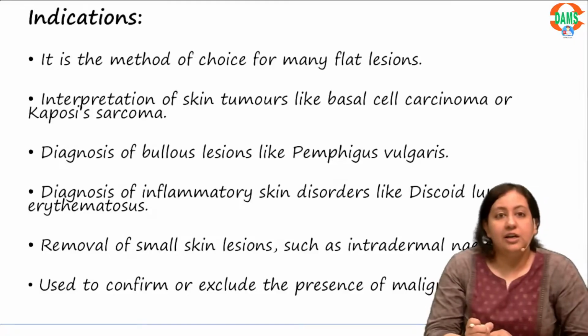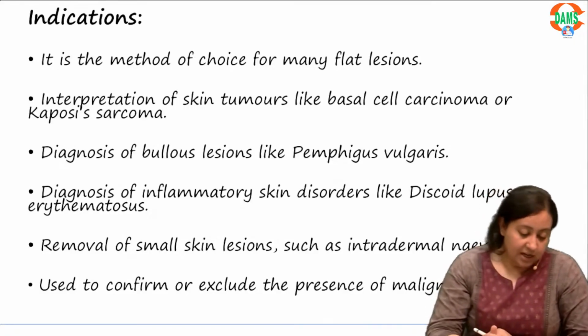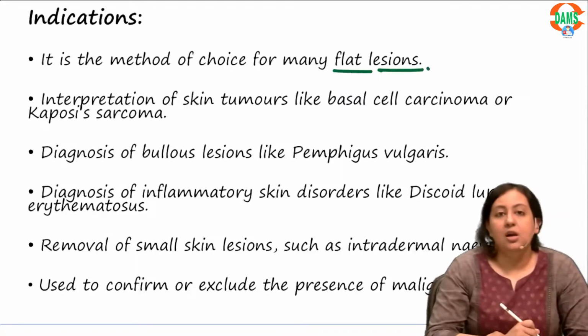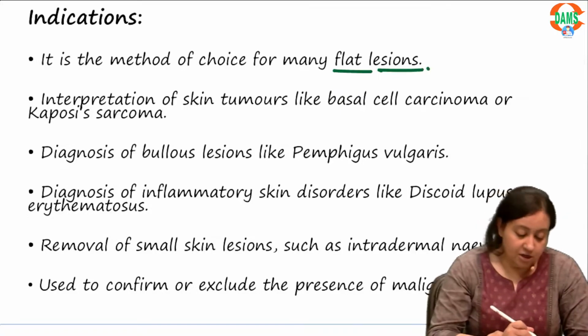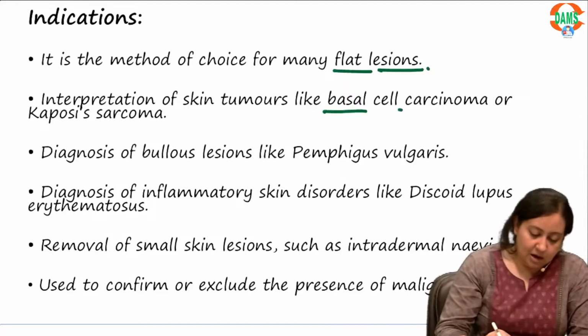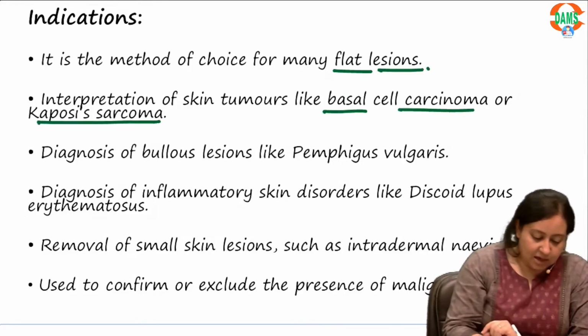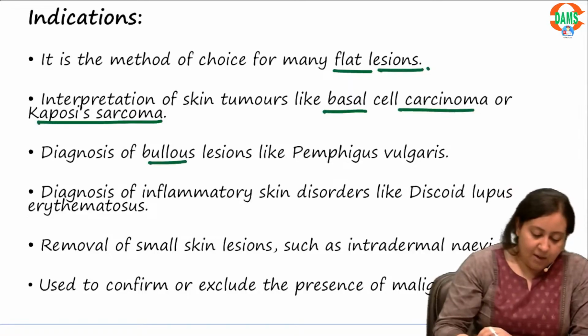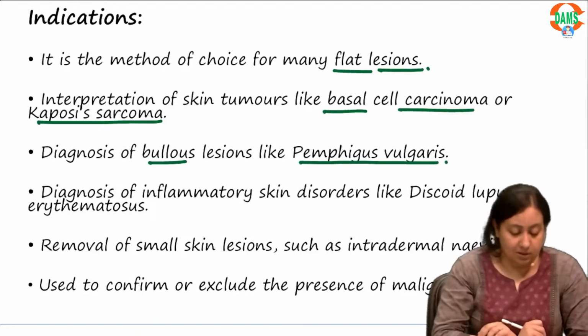Now, what are the indications of punch biopsy? It is indicated for many flat lesions. Interpretation of skin tumors such as basal cell carcinomas and Kaposi sarcomas. Diagnosis of bullous lesions like pemphigus vulgaris.